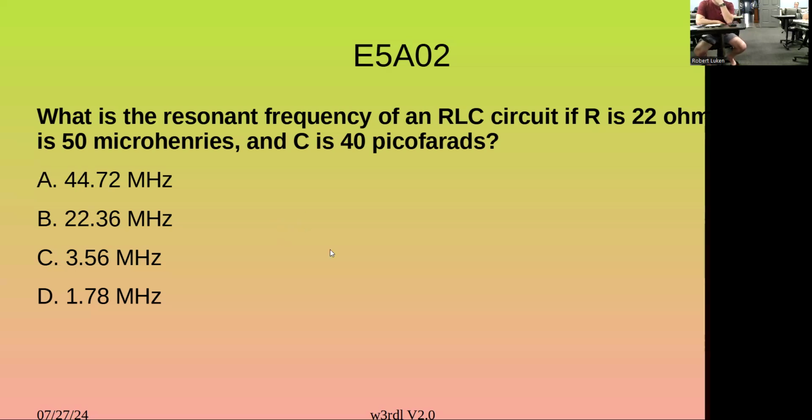Anybody got an answer? So like I was saying, if you take the 50 times 40, take the square root of that, times 2 pi, take the inverse of it, and it'll come out to like 0.00035557, whatever. And that'll give you your answer. Does that make sense? I always look for the shortcuts.